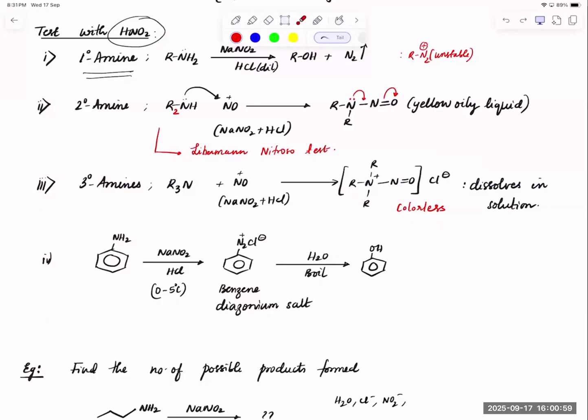For 1 degree and 2 degree, although there is slight differentiation we can say on paper, it's difficult to visualize or difficult to get it separated for practical purposes. That's why nitrous acid is specifically used for it. Suppose the question is given as nitrous acid test, what do you choose out of the options? You should choose 2 degree amine. Girls, clear?